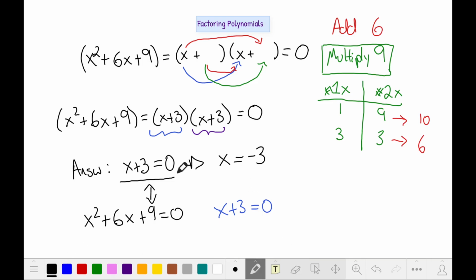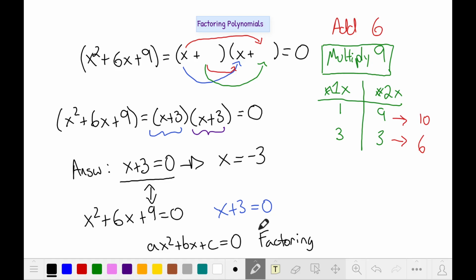If you've already got something that looks like ax squared plus bx plus c equals 0, or if you can make your expression look like ax squared plus bx plus c equals 0, factoring. Factoring is a really great place to start because we're going to have an x plus a number term equal to 0 as opposed to an x squared term, an x term, and a non-x term mixed all together.